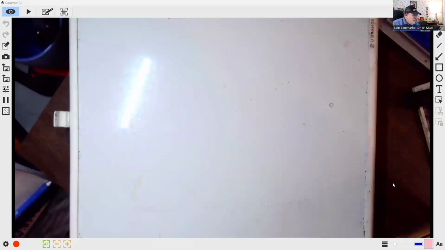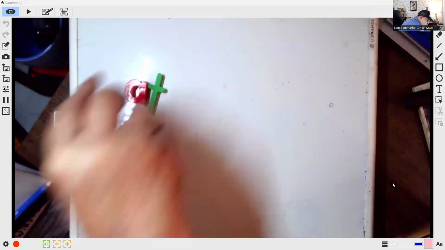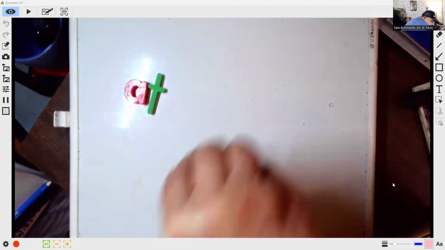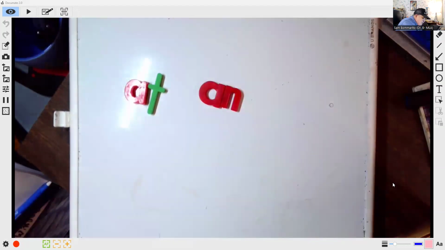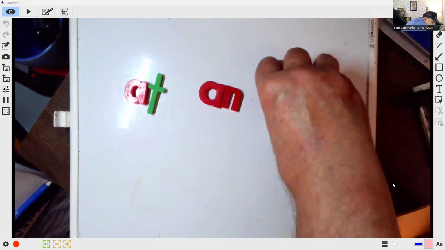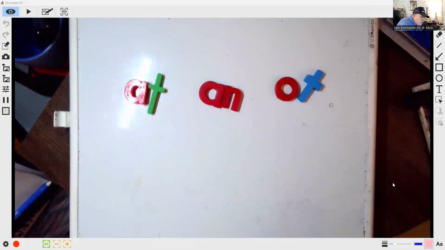Now, you know in class that we took these chunks and we made new words out of them. And that's just a fun thing to do. When you're doing some making and breaking, you can put 1 or 2 or 3 of these up and see how many real words you can make. Now, I'm not interested in silly words. I'm interested in real words. I wonder what we could add to at to make a new word. How about this?